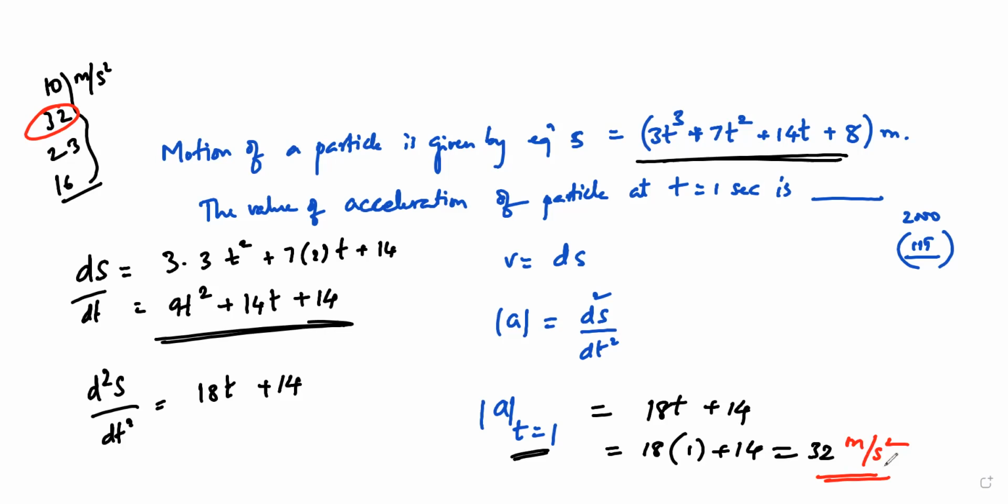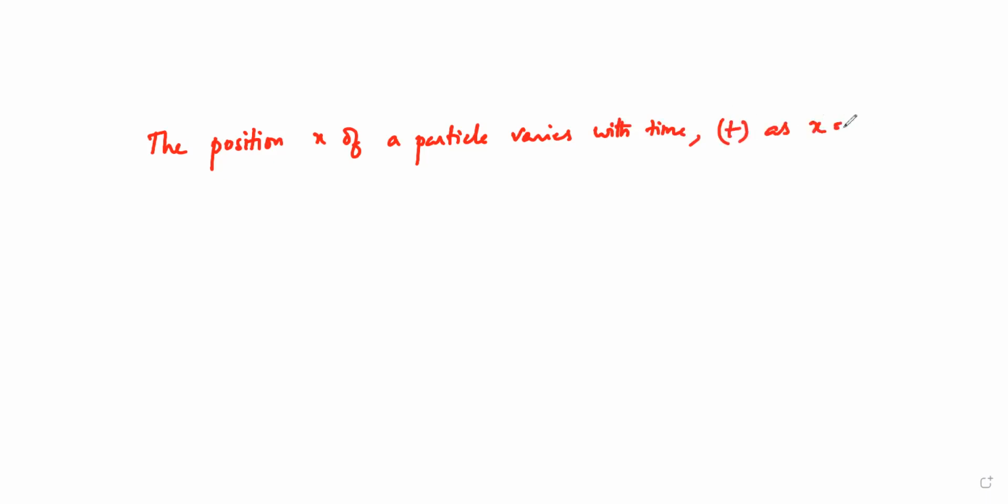Next one. The position x of a particle varies with time t as x is equal to at square plus bt cube.